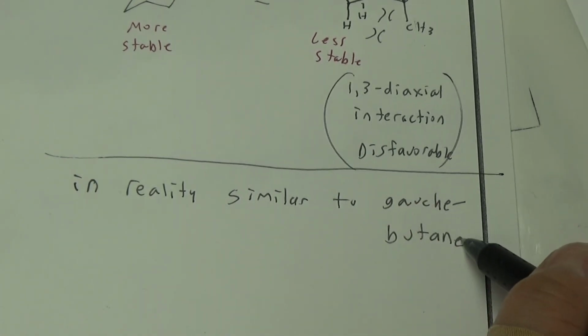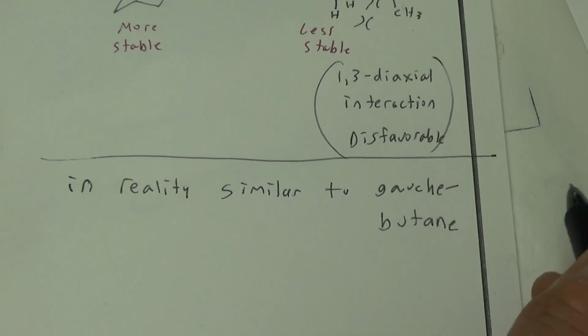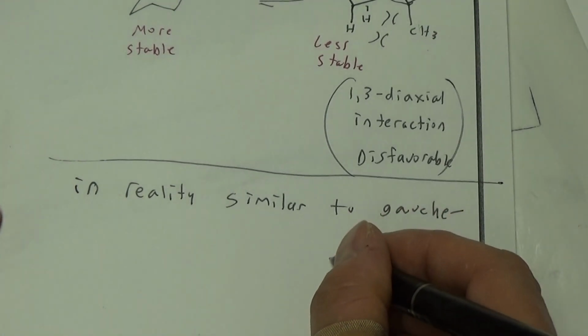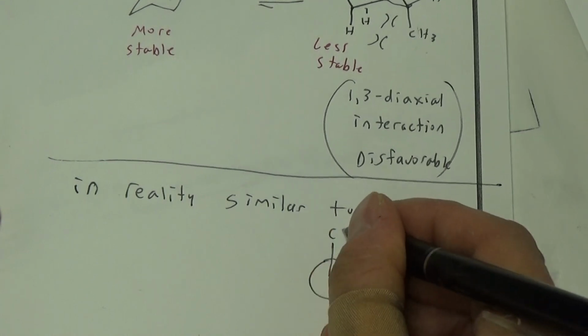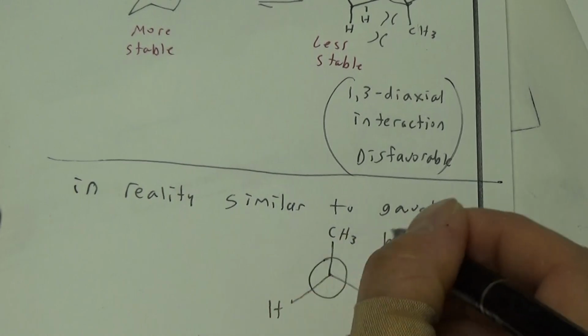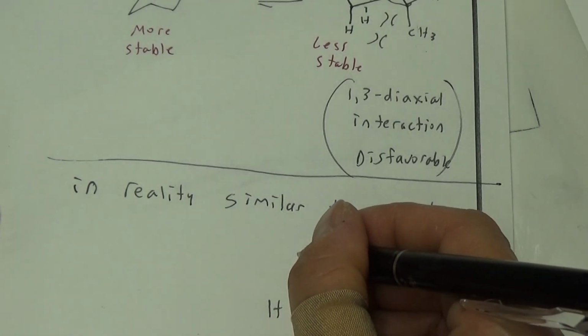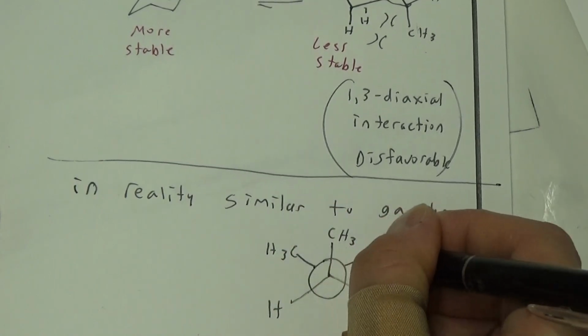Gauche butane was back when we talked about butane and the rotational isomers of butane, and we saw this with a Newman projection. We had a few different conformations of butane, but one of them, I'll draw it on this side, was staggered. It's not eclipsed, right?